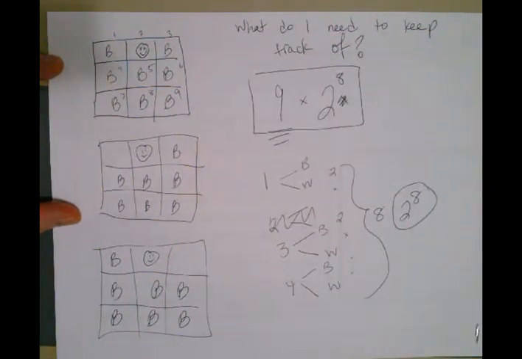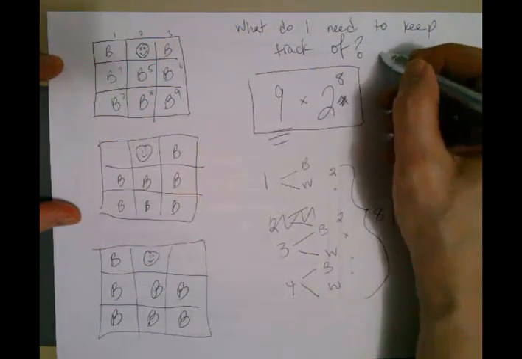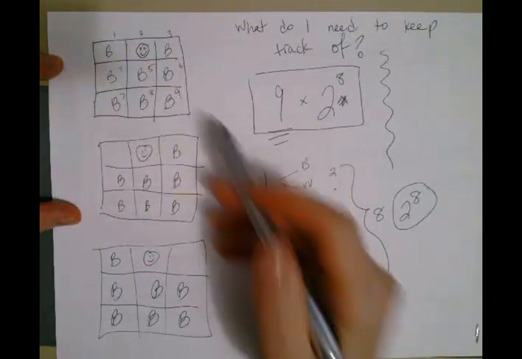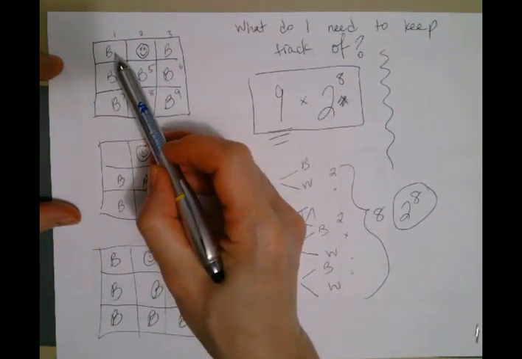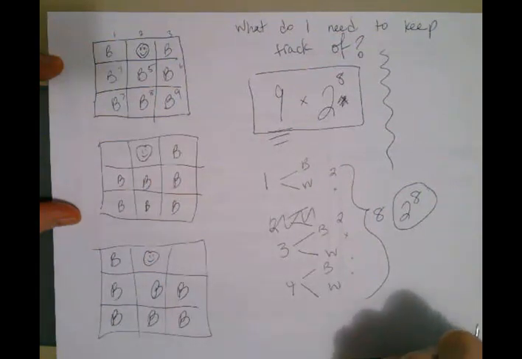Now, if you looked at the problem a little bit differently and just said, well, each room could be a smiley face, or it could be blue, or it could be white, right?